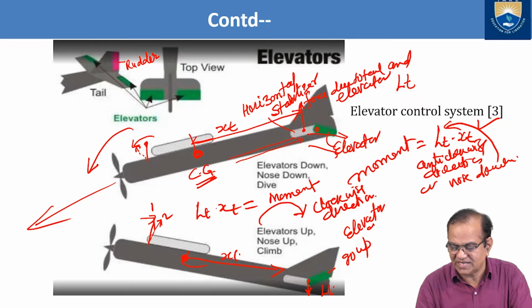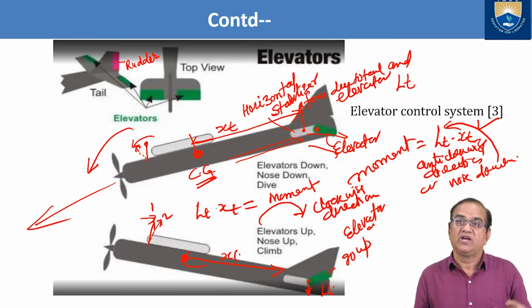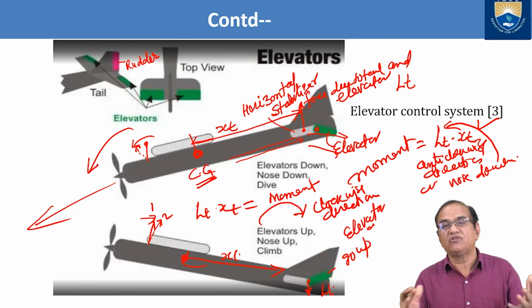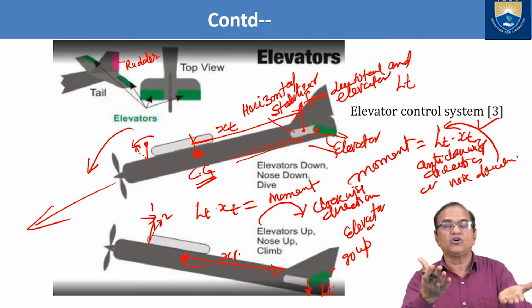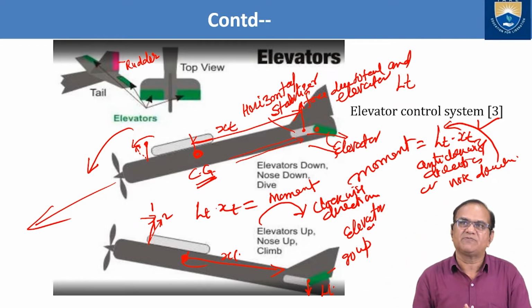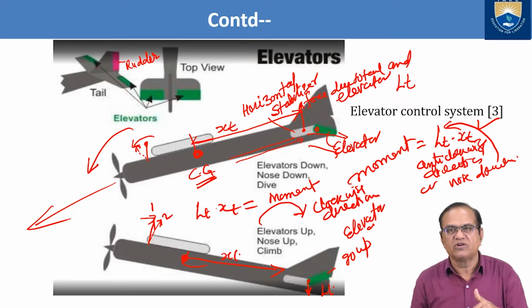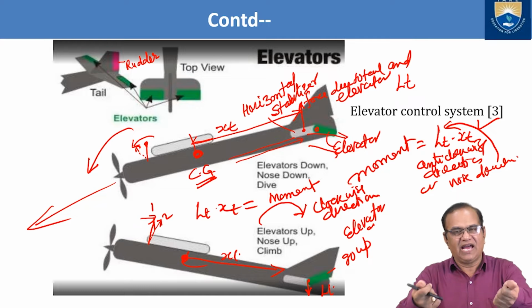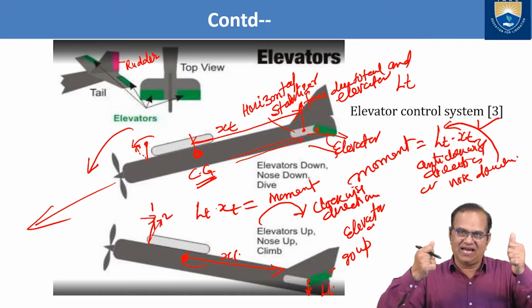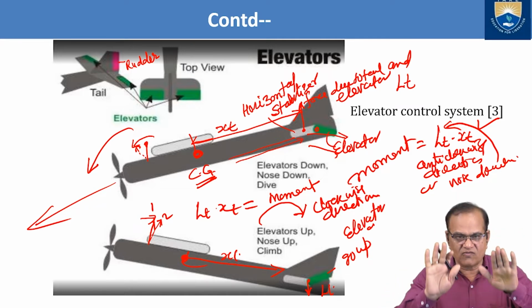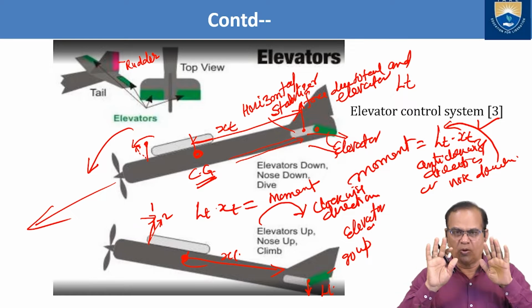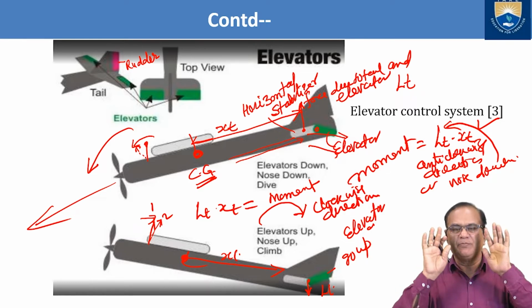Your aircraft will move in the clockwise direction, so the nose will go up. So this is the principle of operation of the elevator. Elevators are used to make nose up or nose down as per the requirement, and accordingly the pilot will apply the stick forward or backward, pushing or pulling.